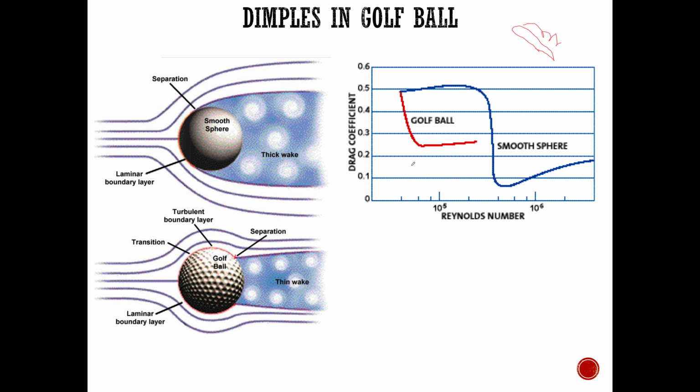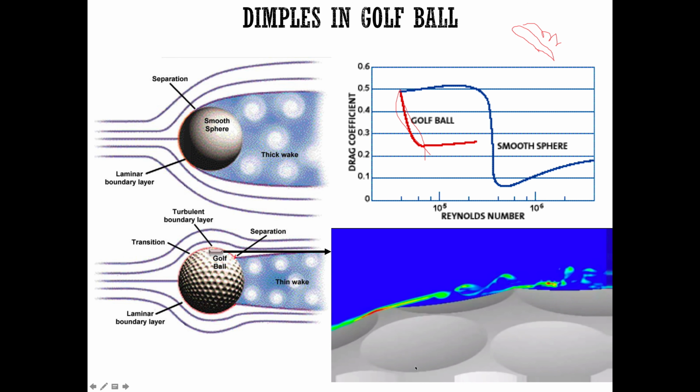Okay, a lot of people have done a lot of studies on what the shape of the dimple should be. I'm sure you have seen golf balls with pentagon type dimples, hexagon type dimples. There are a lot of studies on how much depth the dimple should have. So there are a lot of CFD and also experimental studies out there. If you go to Google Scholar and type golf ball or dimples on golf ball, you'll find a lot of resources.